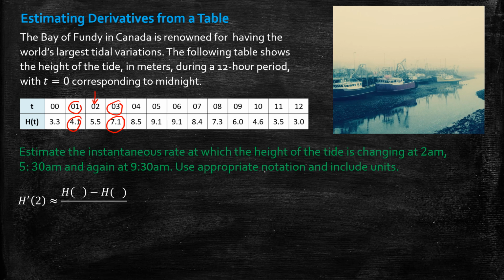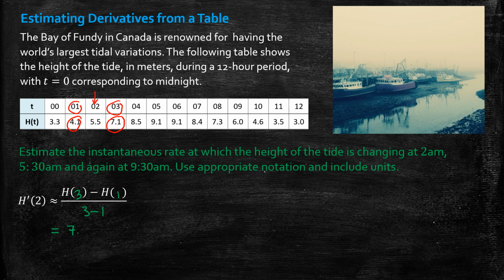What we're really going to do is approximate h prime of 2, h prime being the rate at which the height is changing, i.e. the derivative. To work that out, we need the height at 3 hours and at 1 hour, and then subtract the difference. In effect, we're finding the average rate of change over that interval and hoping it's pretty close.